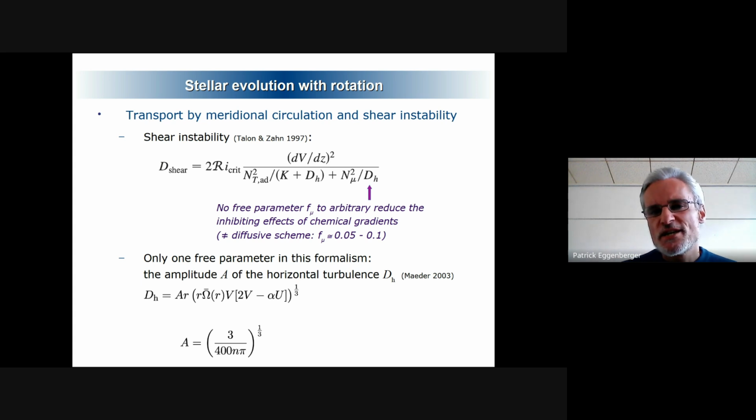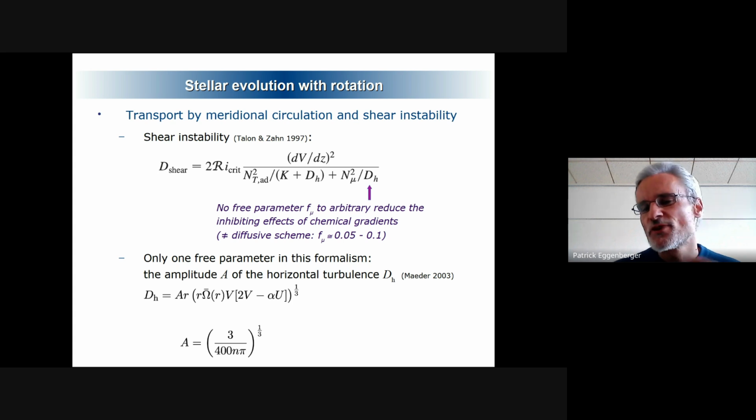So having said this, we have, of course, a very important free parameter in this formalism, which is related to the horizontal turbulence. I will not go into detail about the equation, but the basic idea is the following. You know that the horizontal turbulence should be very efficient, much more efficient than in the vertical direction, but simply speaking, we don't know the amplitude of this turbulence, which could be seen as a free parameter.